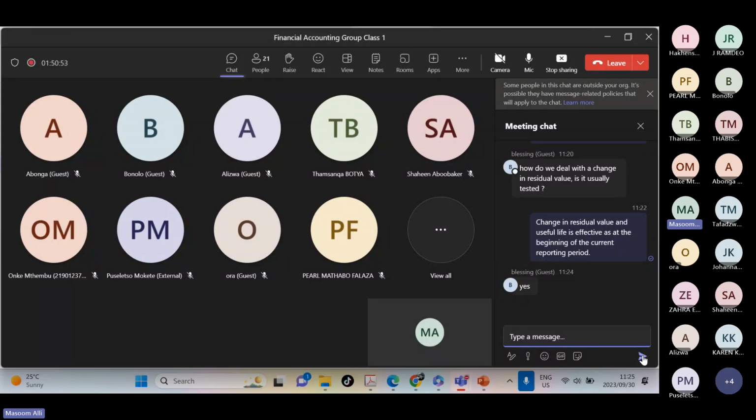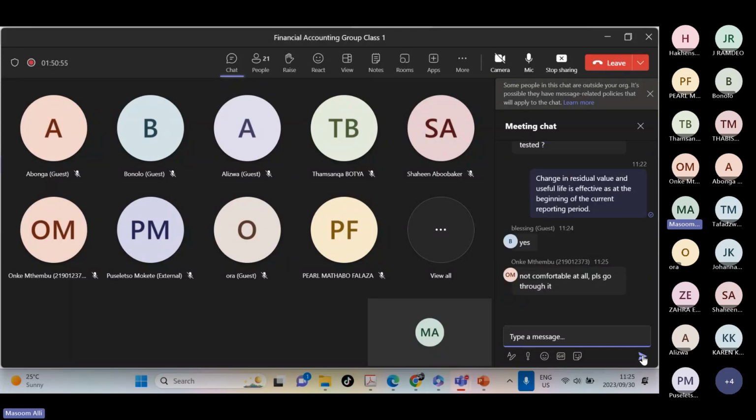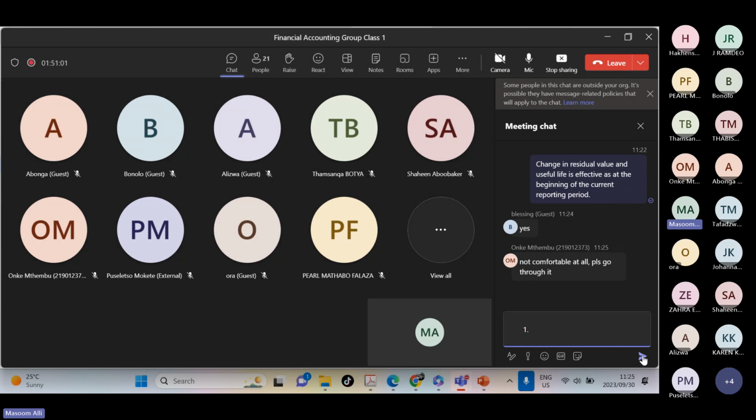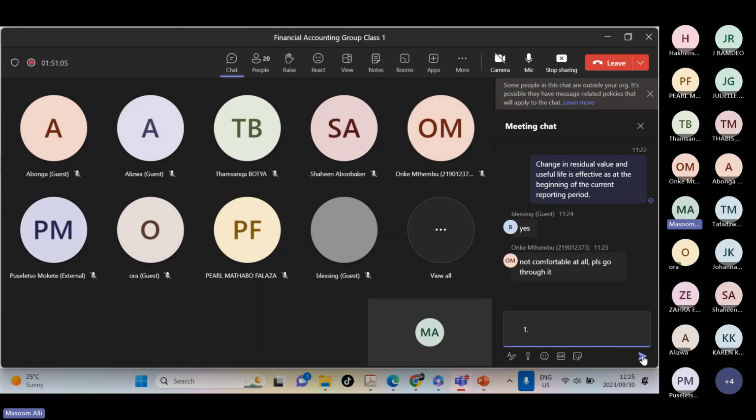But the one thing that I want you guys to take note of always, okay, not comfortable at all, please go through it. Okay, that's what I figured, right? The first thing is what the first step that you need to get to, when you are doing a revaluation, is you need to get to your net replacement cost for the assets.